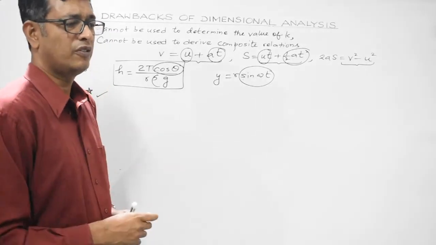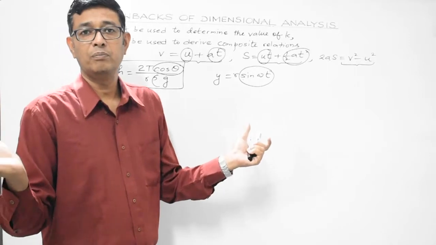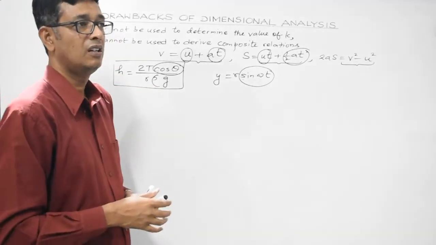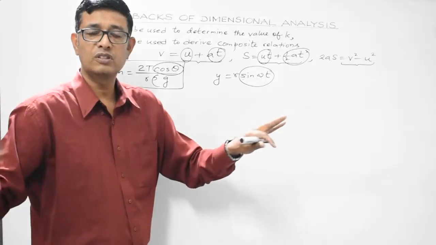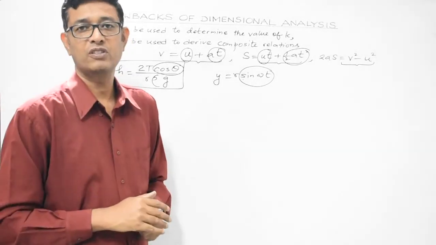It is because you are aware there are various physical quantities which, although they are different, might possess the same dimensions. I'll give you some examples. Like momentum, impulse, they are both different physical quantities, but both have the same dimensions.